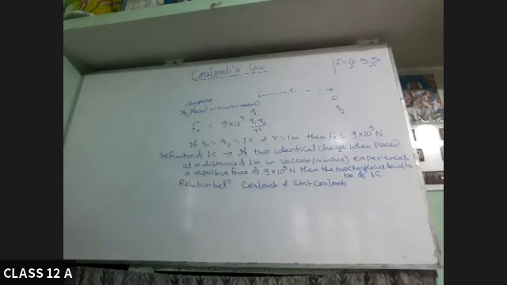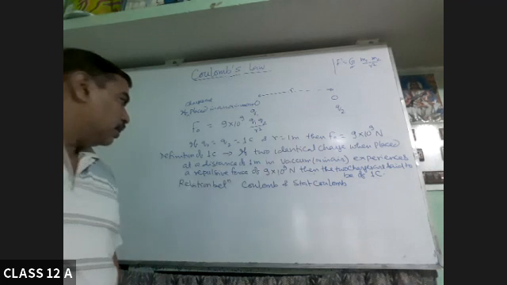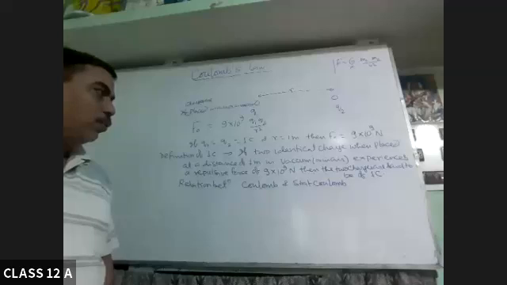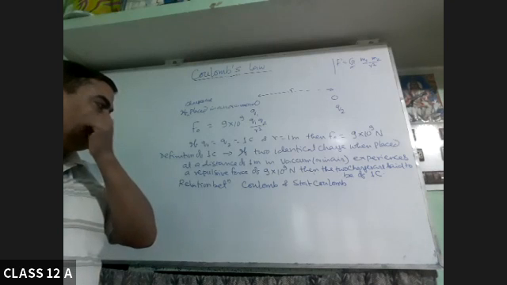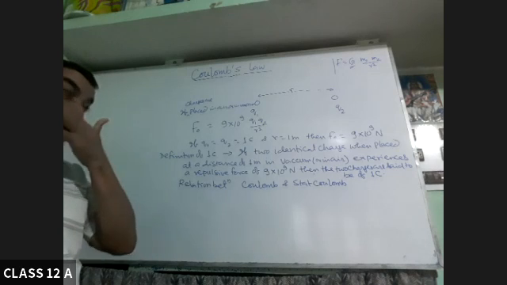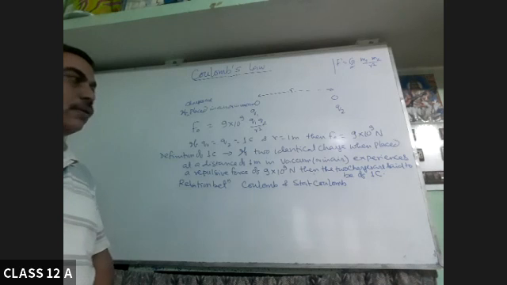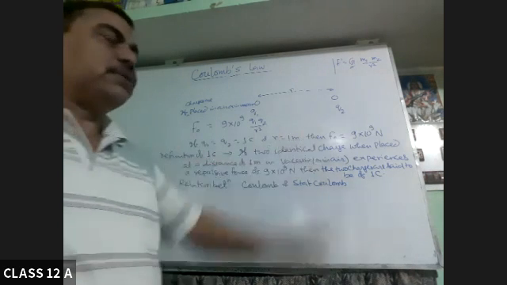So if two identical charges, when placed at a distance of 1 meter in vacuum or in air, experience a repulsive force of 9 into 10 to the power 9 Newton, then the two charges are said to be of 1 coulomb. If placed in another medium, it will not experience the same force.